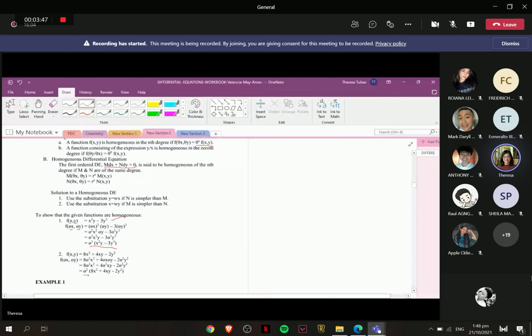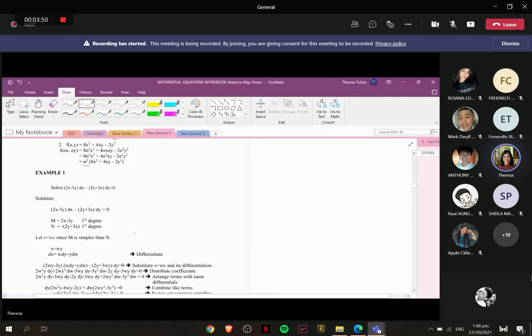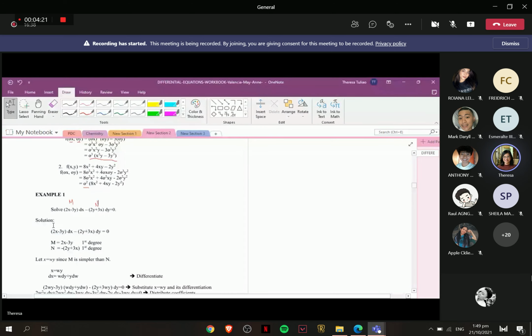Next, let's try to apply homogeneity to a differential equation. We are asked to solve the quantity 2x minus 3y dx minus the quantity 2y plus 3x dy equal to 0. This is of the form M dx plus N dy, so these are our M and N. If you want to test it, it's clearly of the same degree, both are linear, so it's homogeneous.